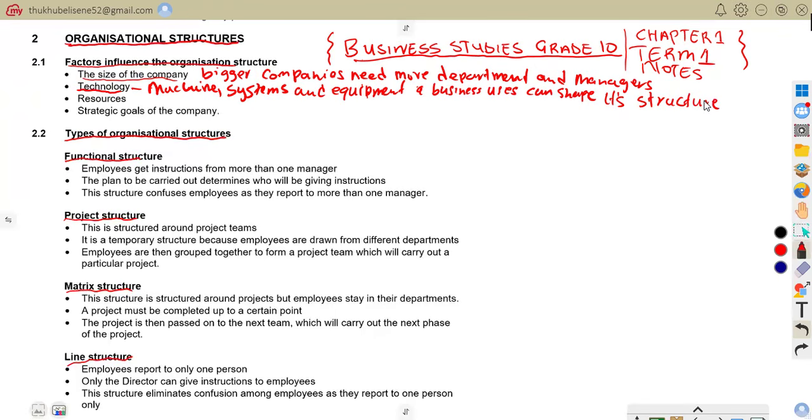For example, a business using advanced computers may need an IT department.